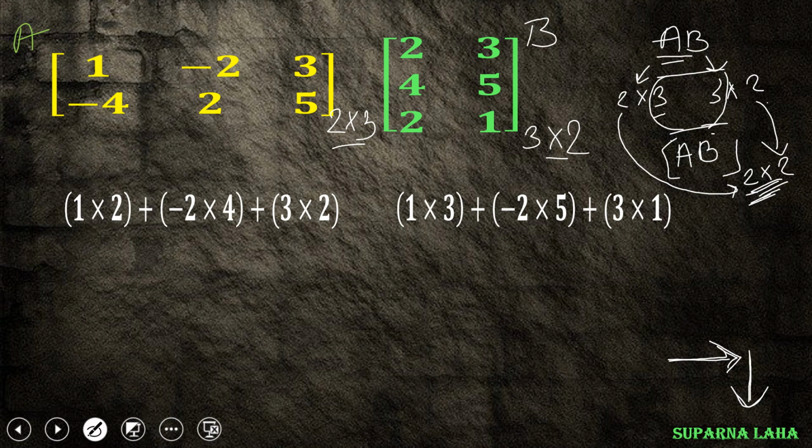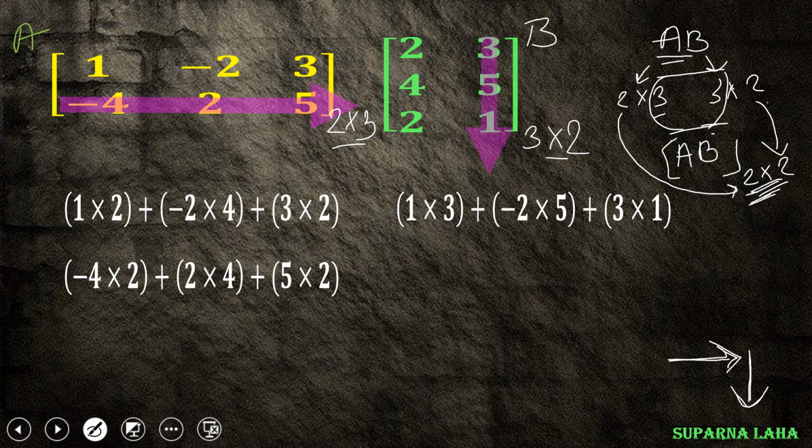Next, the third element of this 2 by 2 matrix: second row with first column, that is the second row of A with the first column of B. Minus 4 into 2, 2 into 4, and 5 into 2, and add them. Now moving to the fourth element, second row, second column, multiply their corresponding elements, that is minus 4 into 3, 2 into 5, 5 into 1, and add them.